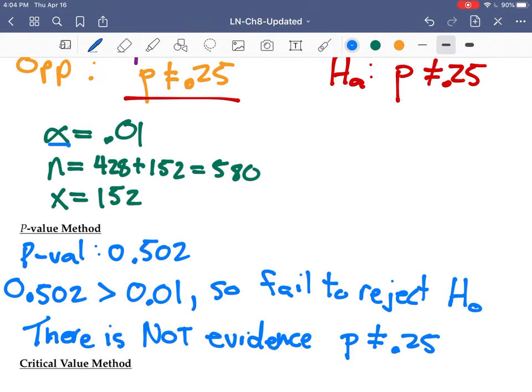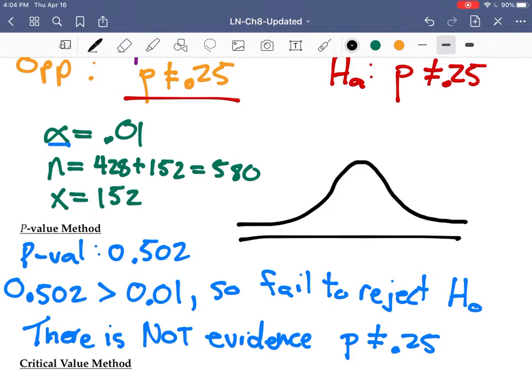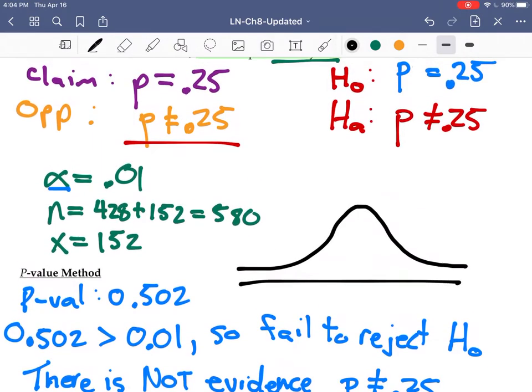Here, with that p-value method, what we're thinking about is a normal distribution. Do we have a one-tailed test or a two-tailed test here? Because we have a not equal to sign as the alternative, this is a two-tailed test.